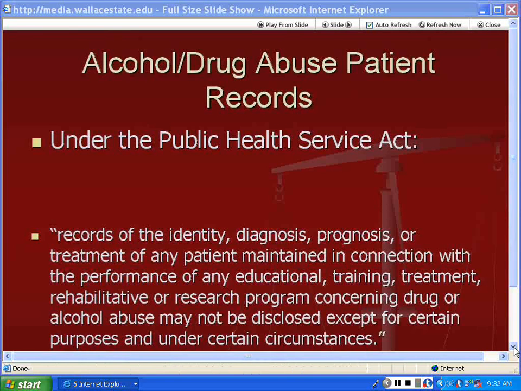And so these records are protected by a particular federal law. We go over this in HIT 153 in your healthcare delivery systems class.